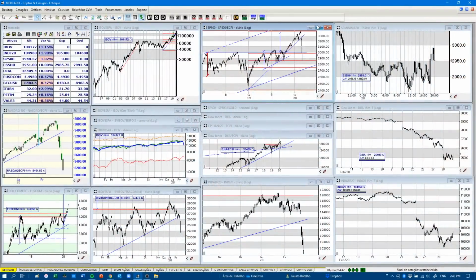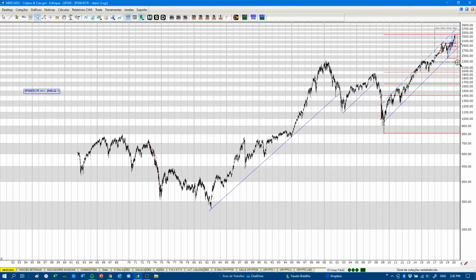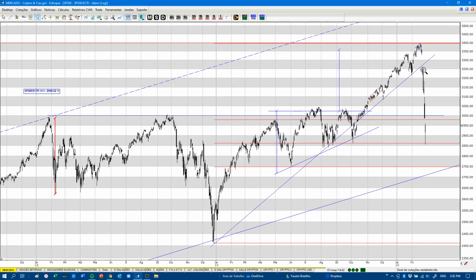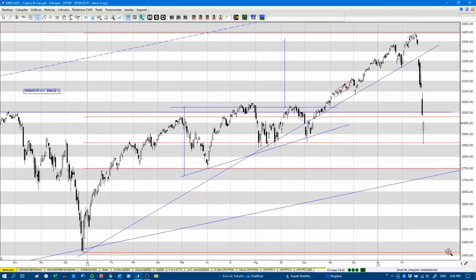So that said, let's have a quick look at the S&P, which is the star of the moment. Here it is. And I've been asked by one of the watchers of my video in Portuguese, why is it that Bitcoin didn't follow the general idea of store of value, and started to go up whenever the market seems to be starting a crash?